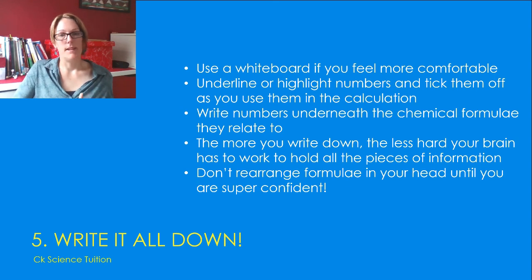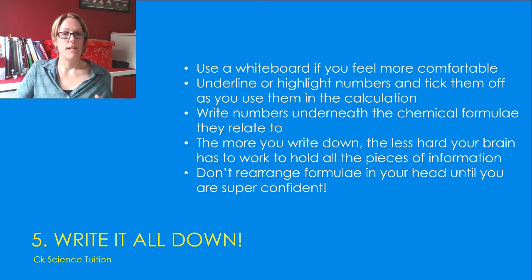And especially because of that, don't rearrange formulae until you're really confident. Don't just try and do it in your head, because writing it down will show you where the mistakes are a lot clearer than if you're just trying to rearrange it. The number of times I will hear a student vocalize the equation correctly. So they will say moles equals mass over the formula mass.